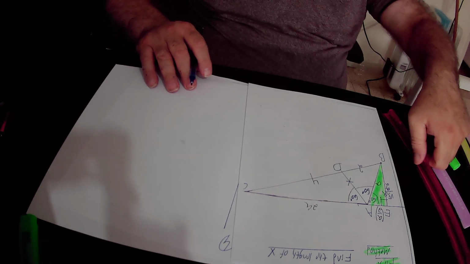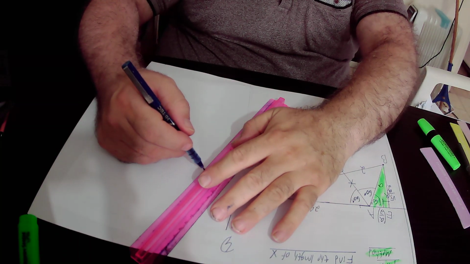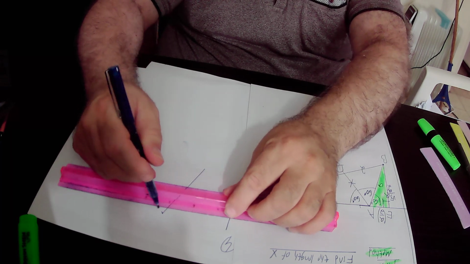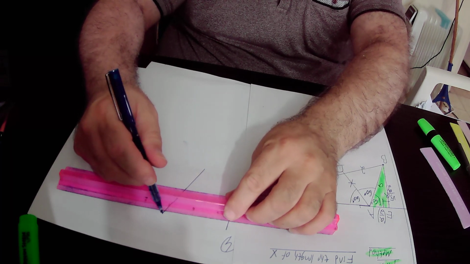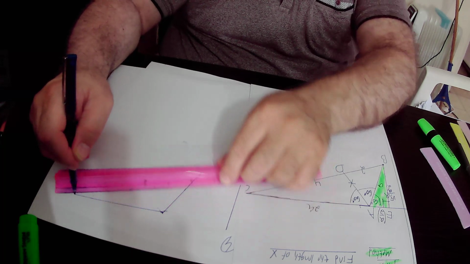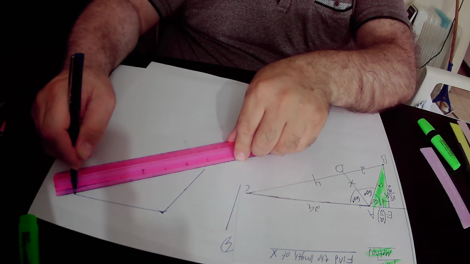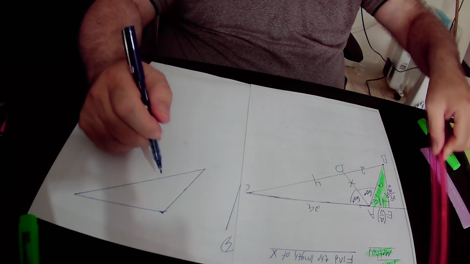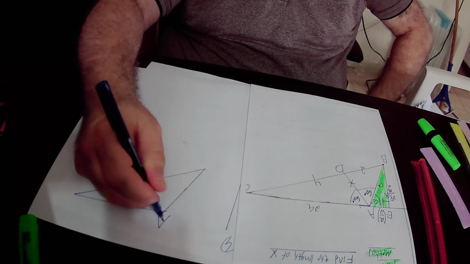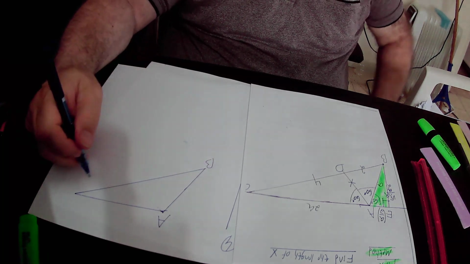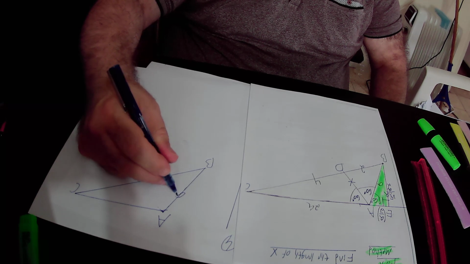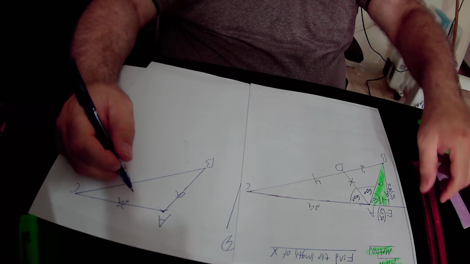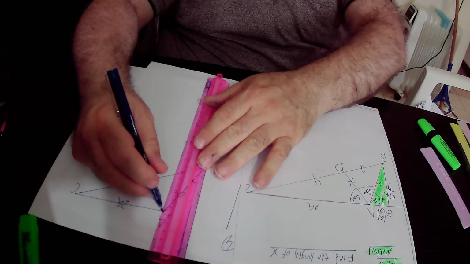So I'll copy triangle ABC in this new page and we will implement rule number 3 in triangle ABC. Here is the angle bisector AD.